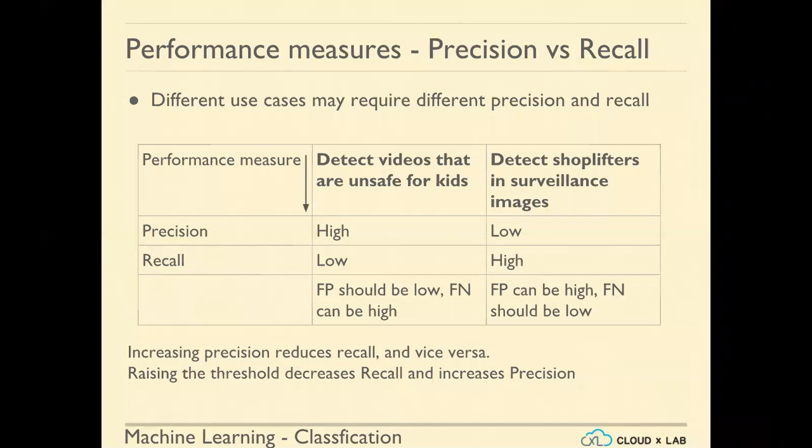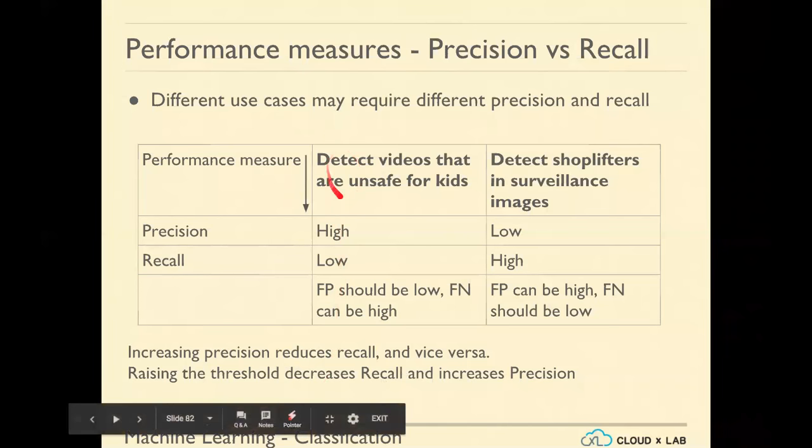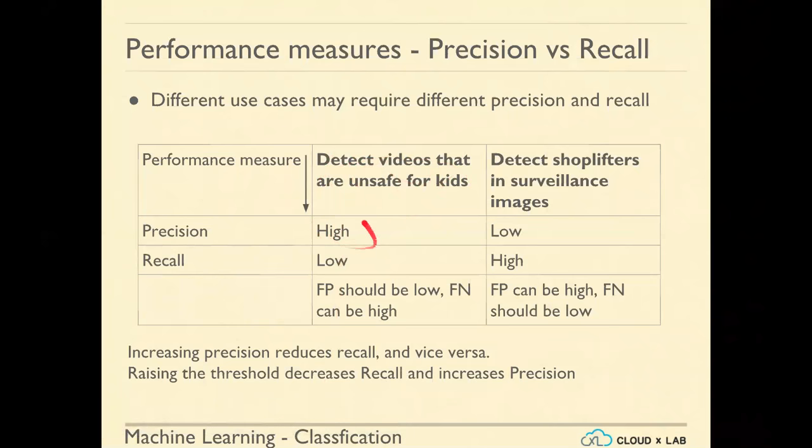Say, for example, if we have to detect videos that are unsafe for kids and display those videos, we do not have the bandwidth to make a mistake. This is where we need precision.